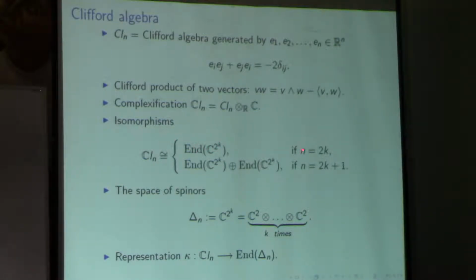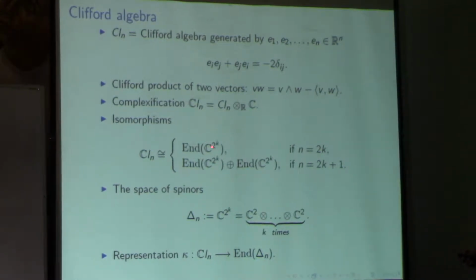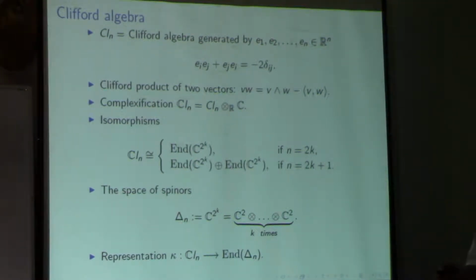You see, if n is equal to 2k, so k is half the dimension in this case, it is C to the 2 to the k. So it's a big space. So this Clifford algebra is isomorphic to the endomorphisms, and if n is odd, it is 2 copies of the same thing. In a way, these 2 copies have to do with 1,0 vectors and 0,1 vectors in complex geometry sort of thing.